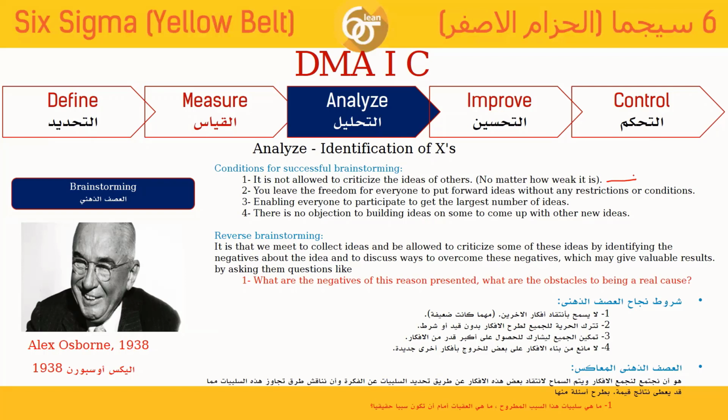Anyway, you have to take it, because the people you selected are from different backgrounds. They have different levels of knowledge. So maybe the one at the bottom will give you an idea that even the one at the top didn't think about. No matter what idea comes out, you have to take it, consider it, and give it some kind of priority.